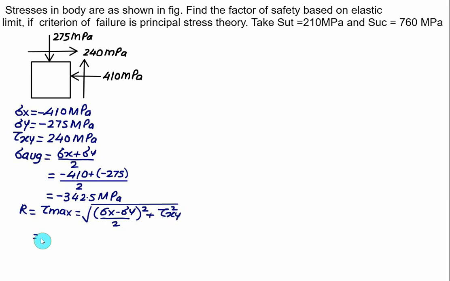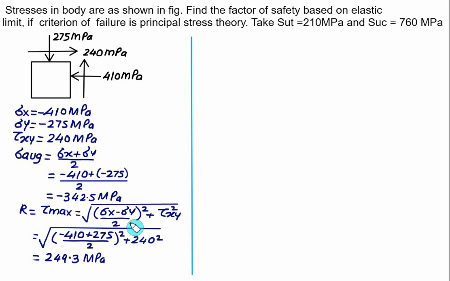That is, the square root of minus 410 minus minus becomes plus, 275, divided by 2, squared, plus tau xy, which is 240, squared. So tau max is equal to 249.3. So minus 342.5 and plus 249.3 will give the smallest value, and minus 342.5 and minus 249.3 will give the largest value.